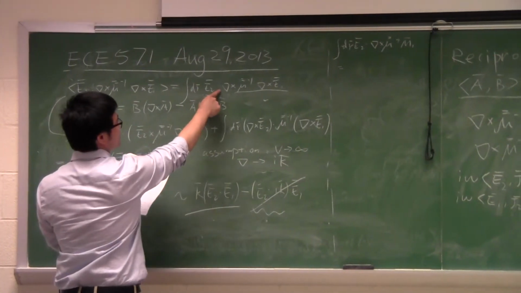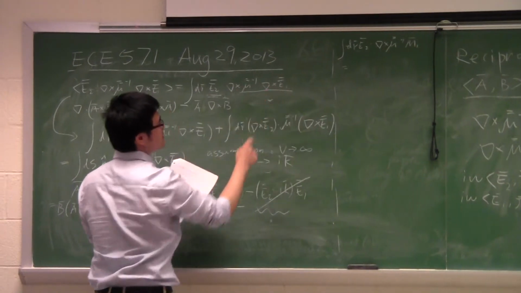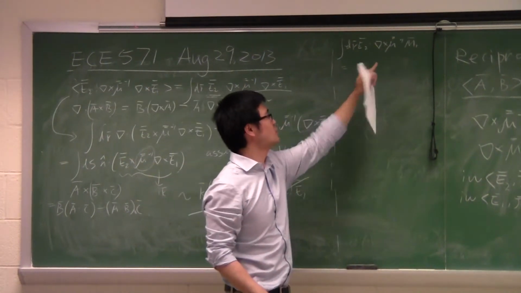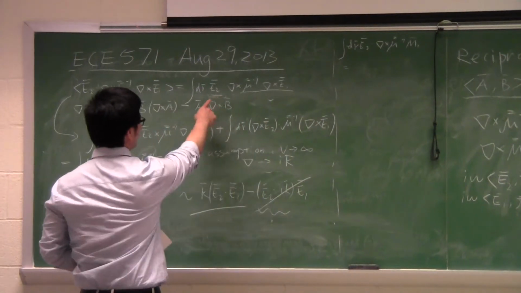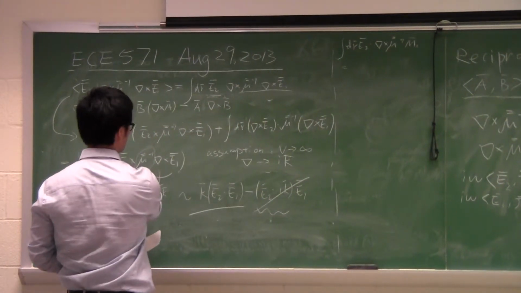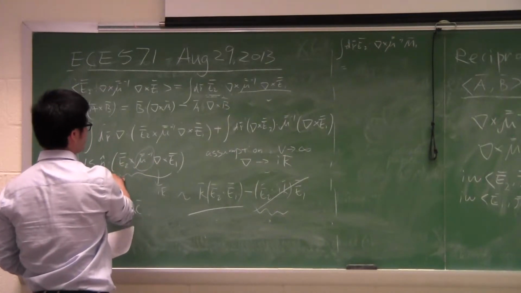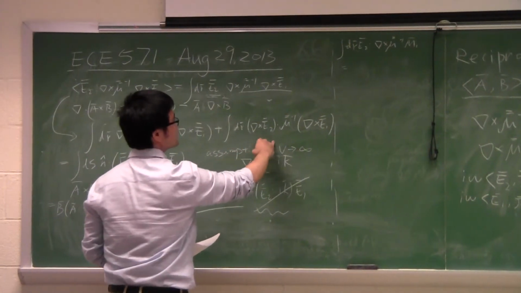We have a vector dot with a curl of something, except that now I replace this by mu inverse M1. And in the end, I will get two terms, right? One is this divergence term, and the other is this term.